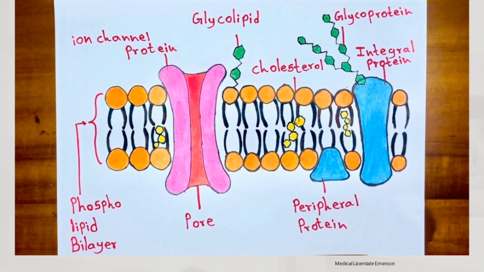So you have the phospholipid bilayer, the ion channel protein, the glycolipid, the peripheral protein, the integral protein, glycoprotein, and cholesterol.